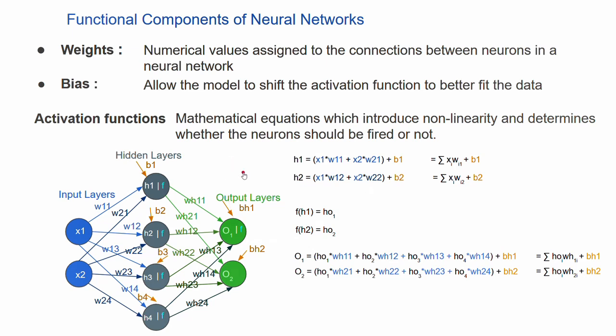Tanh ranges the values from -1 to 1, sigmoid from 0 to 1, softmax also 0 to 1, and ReLU ranges from 0 to infinity. ReLU doesn't have a negative value.